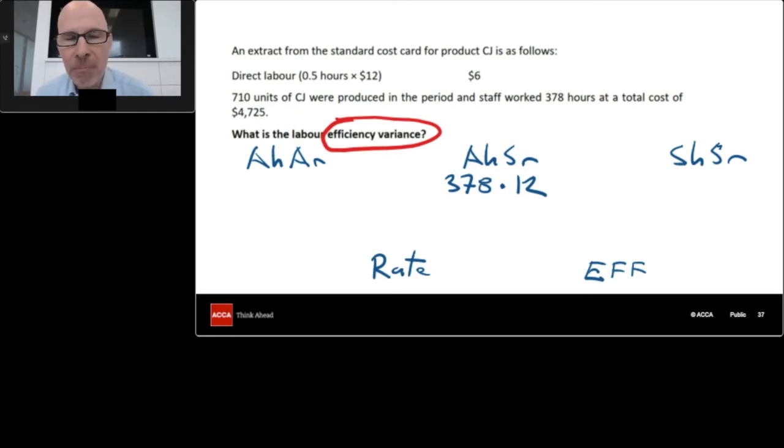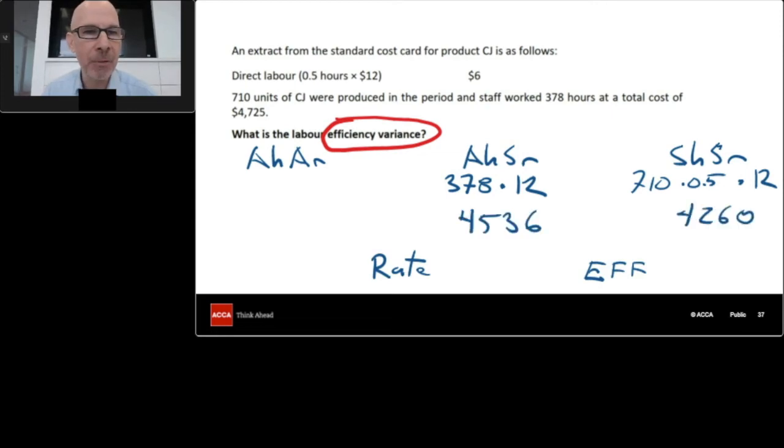That's the AA, but we don't need it here, so I'm just going to ignore it, okay? Now, we produced 710 units. 710 times 0.5, that would be the standard hours times the same standard rate. So now you break out your calculators and you can get both figures.